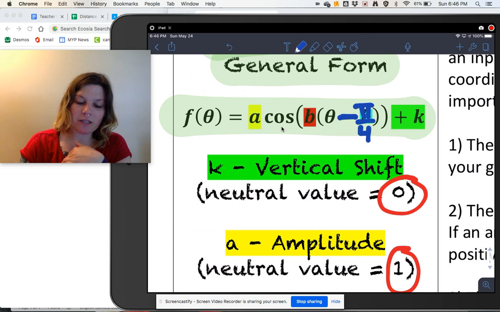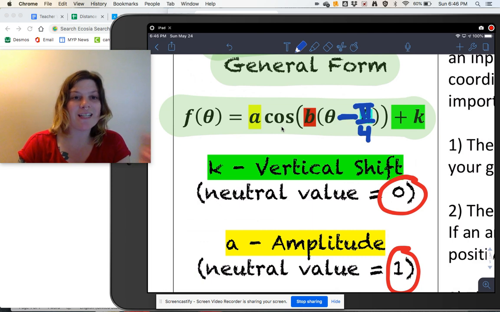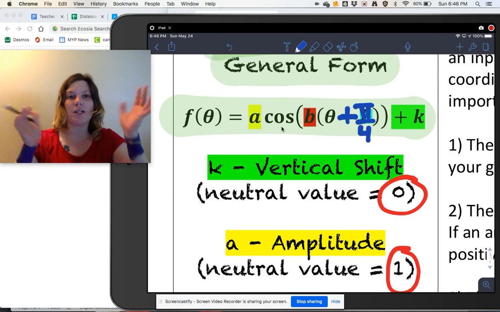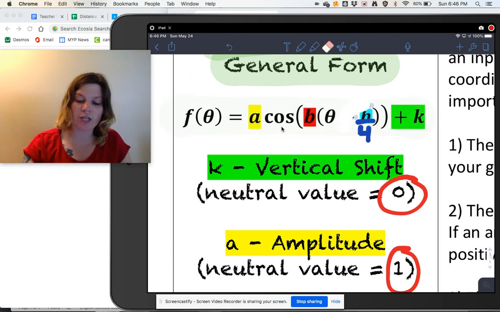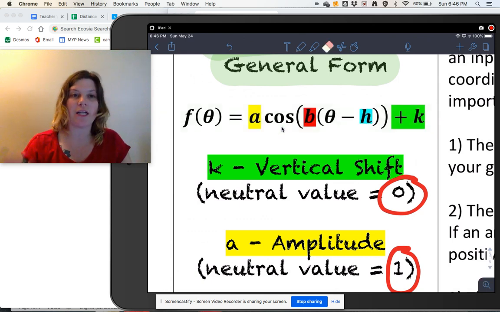And similarly, if our h value was negative pi over 4, when I plug negative pi over 4 in, when there's already a negative there, it becomes positive. So it goes the opposite direction that you would think when you're just looking at the formula. So always feel free to use that website that I created on Desmos to help you check your values and make sure that you are getting the right direction and the 5 key points.